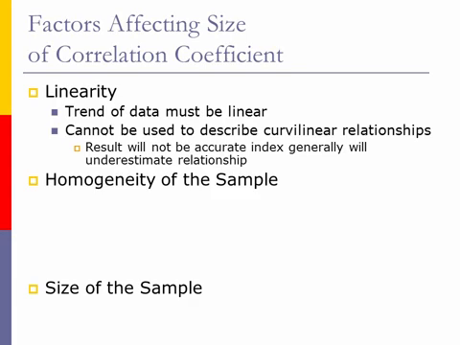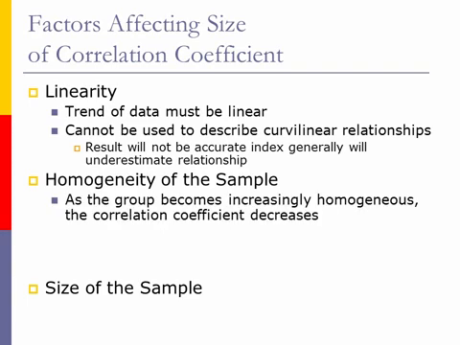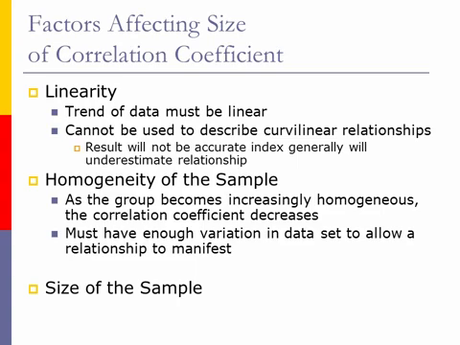We also need to have some type of homogeneity of the sample, which means as everything becomes very, very similar, that correlation coefficient is going to start to decrease. So we have to have enough variation to make sure that we can have a relationship, but we don't want to have them be so different that it just doesn't make sense.